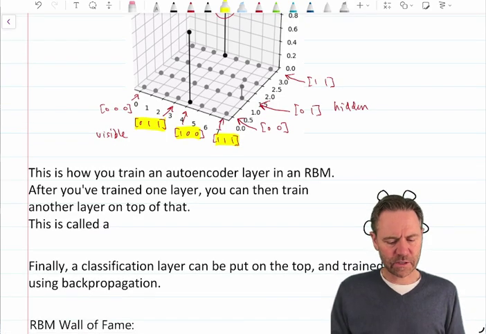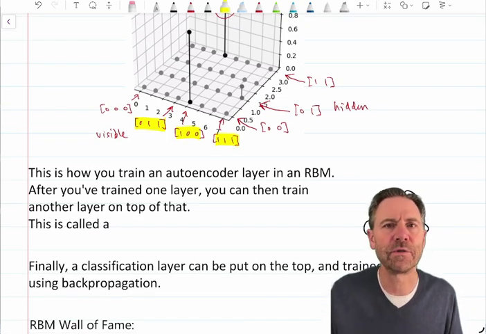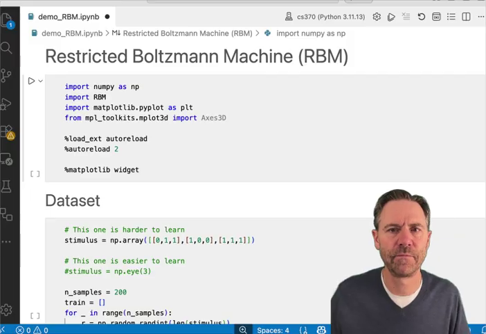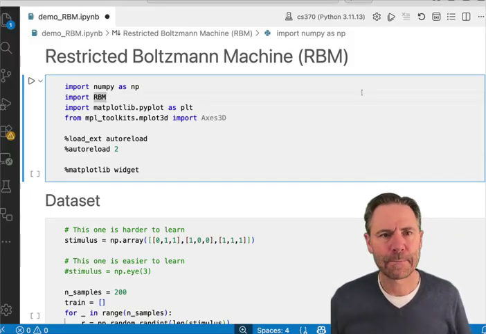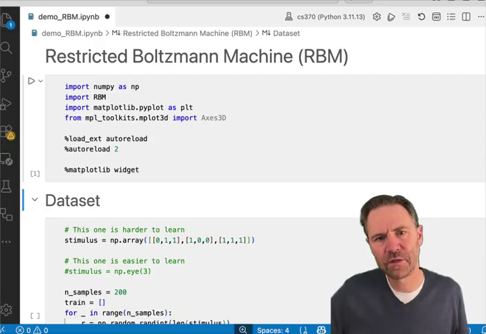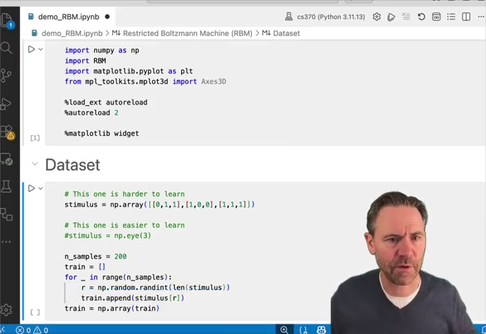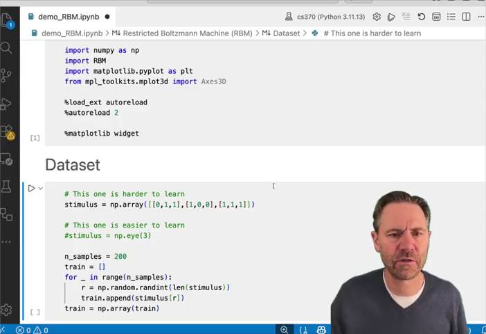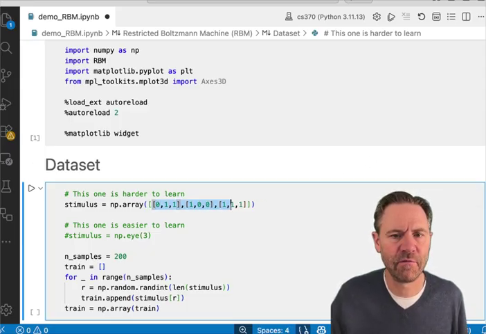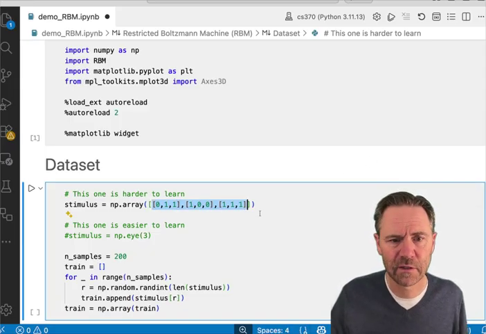So using this strategy, let me jump to the code now. So here's this code. It basically just runs a version of what you just saw, but using a new set of random weights. I've got the same set of visibles in my world.